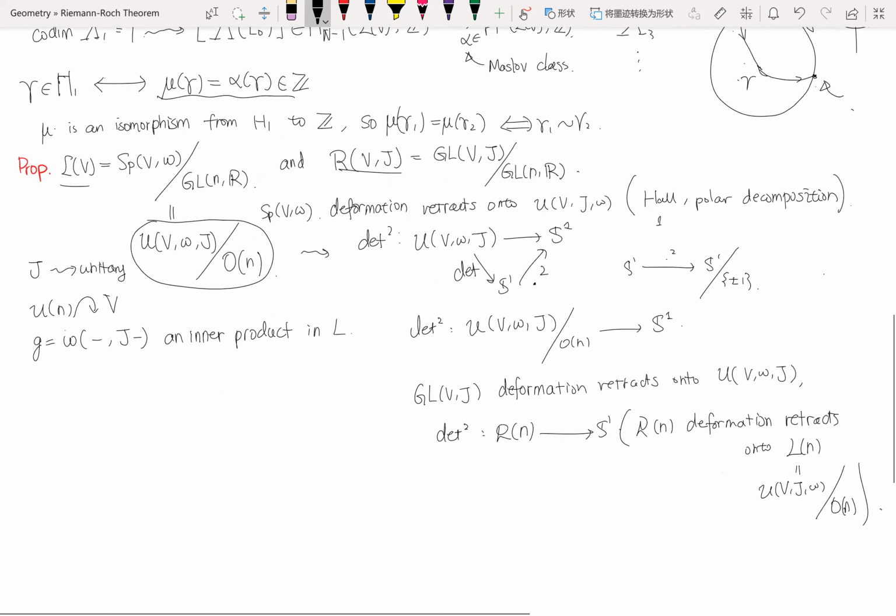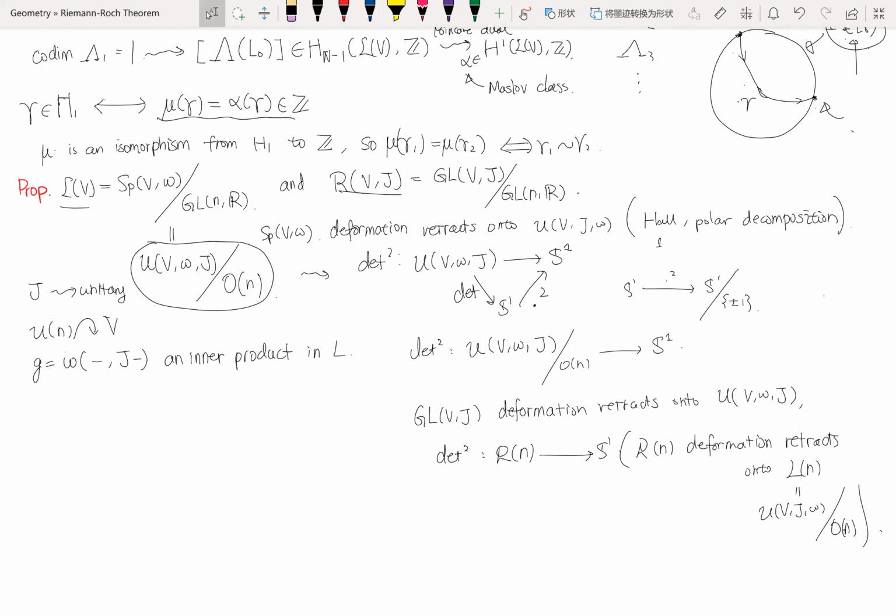So why is it a deformation retract? I think we know that by polar decomposition, GL deformation retracts onto the space of all unitary groups.